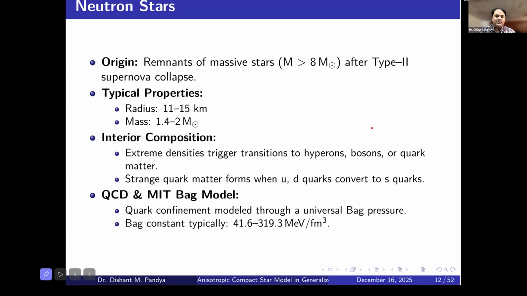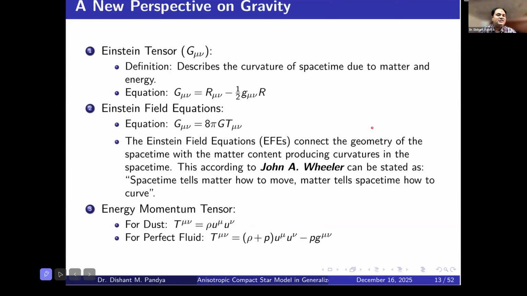So these are the key or fundamental equations, and they represent the curvature of space-time and how it is related to matter. These are the field equations, and they give us the relation. They come from tensor calculus, and these equations give us the relationship between matter and energy, and hence the energy momentum tensor comes into the picture.